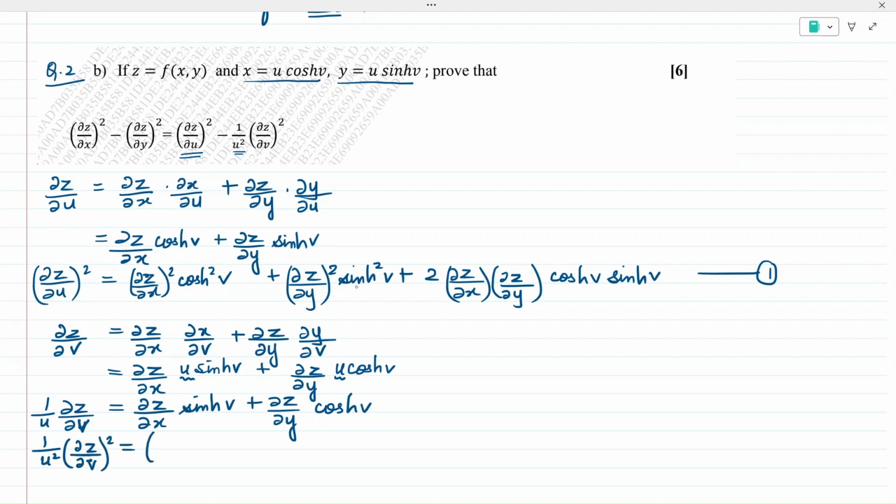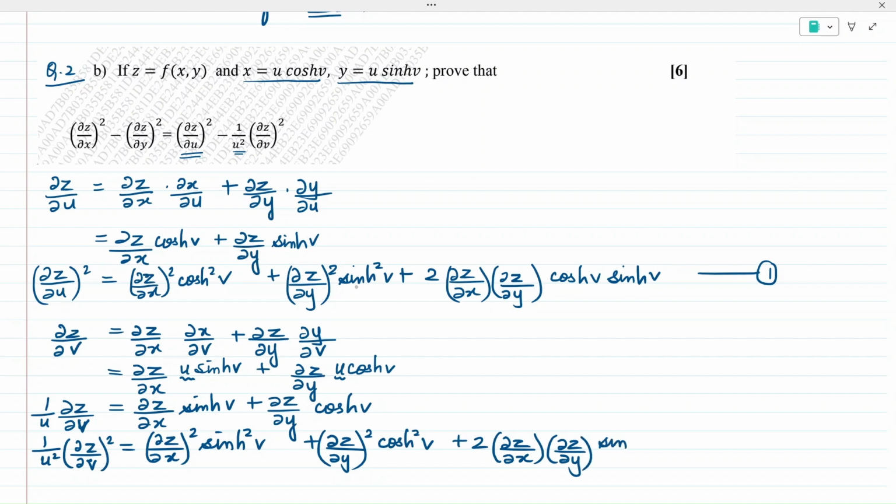Right hand side, the formula of a plus b the whole square: again, sin hyperbolic square v, del z by del y square, cos hyperbolic square v, plus 2 times a into b. Let's write this as equation number 2.